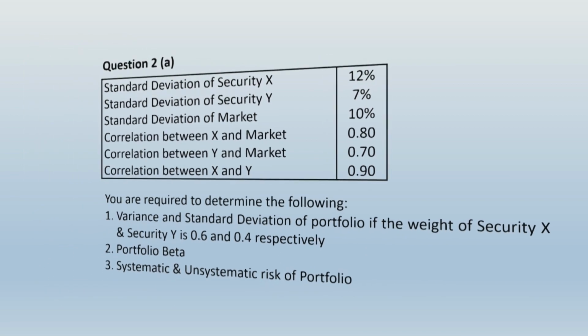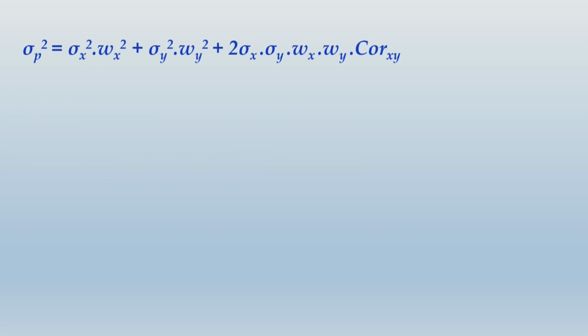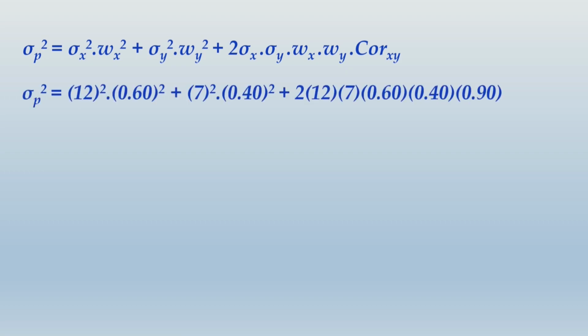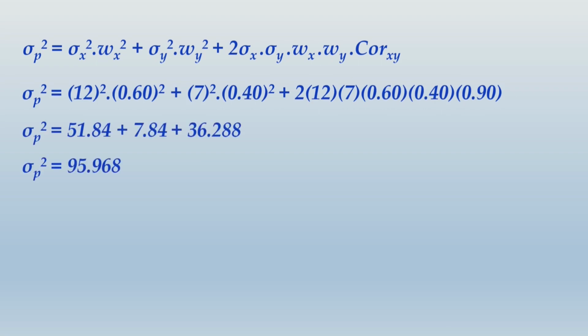how to determine that. So what you are finding over here is the variance of the portfolio, and this is the approach used by Markowitz for determining the absolute risk of any portfolio or the total risk of any portfolio. When you substitute all the values, what you get as the portfolio variance comes to 95.968.